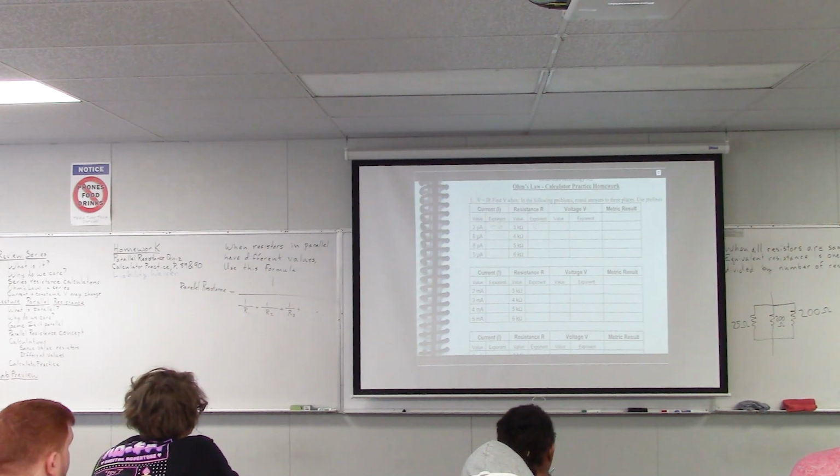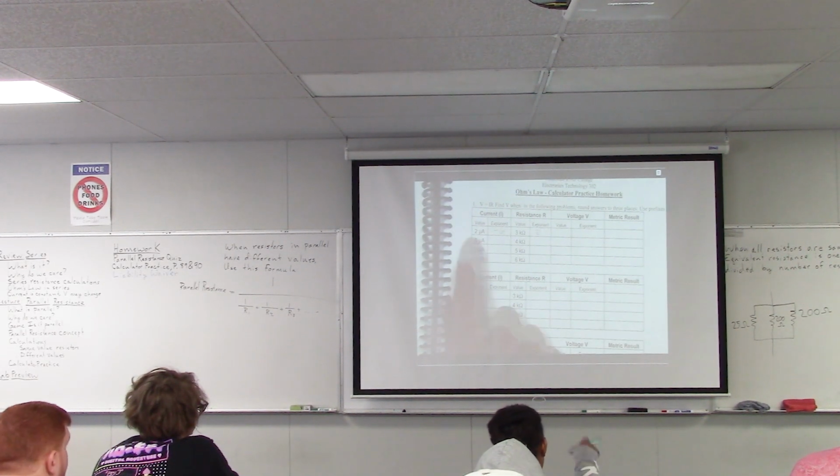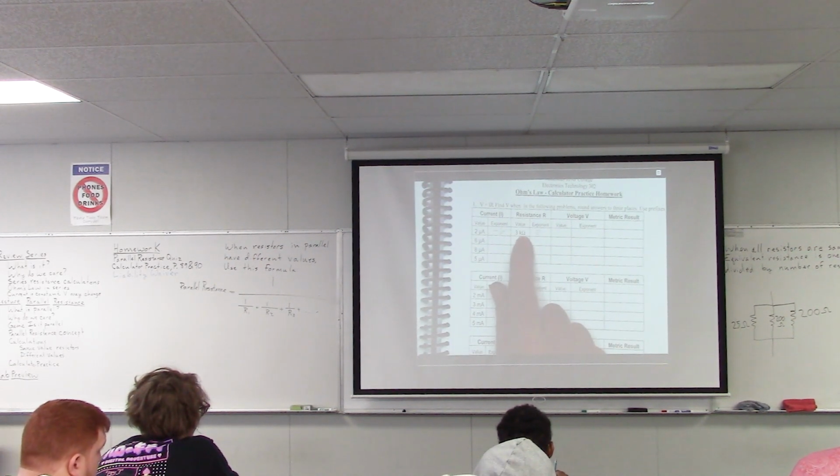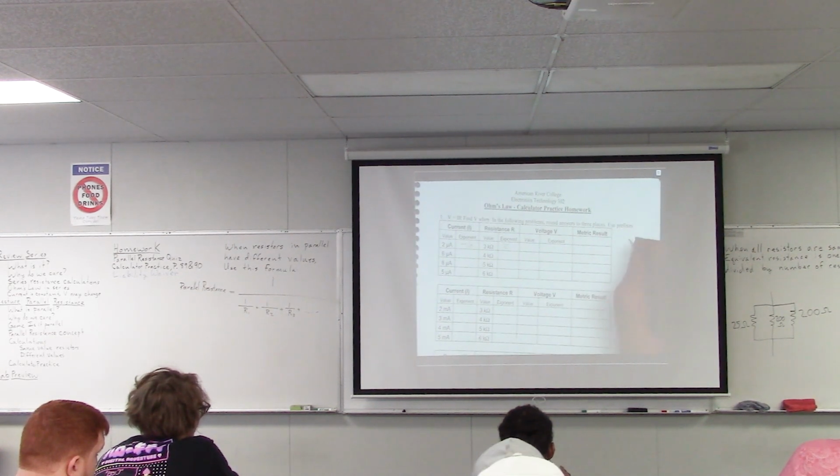So now we want to do Ohm's law. We want to imagine that we have a circuit where we have 2 microamps and a 3 kiloohm resistor, and we want to find the voltage for that circuit. So we remember with Ohm's law, we can write it down.